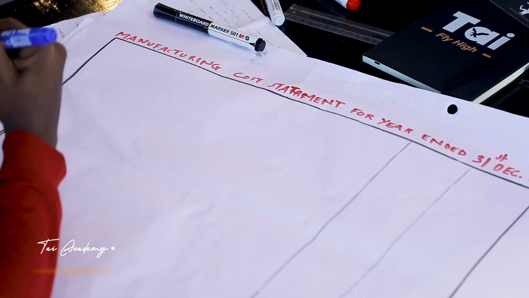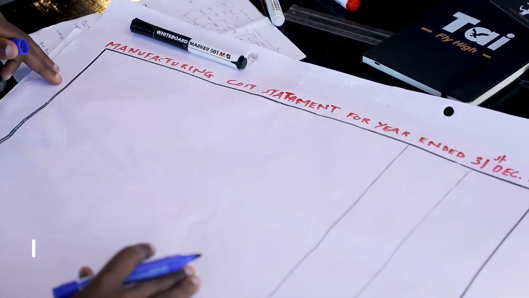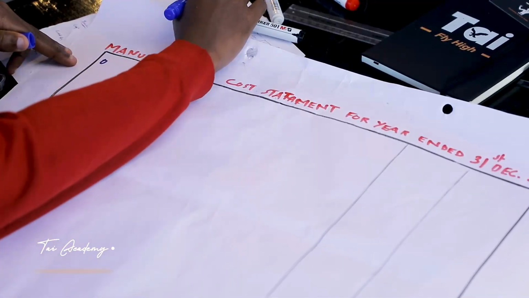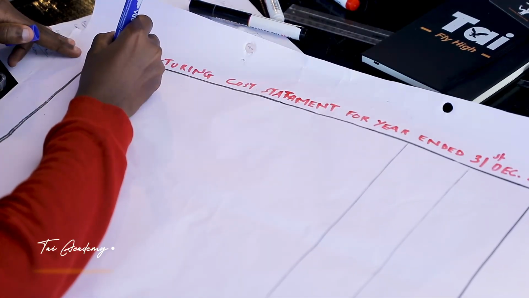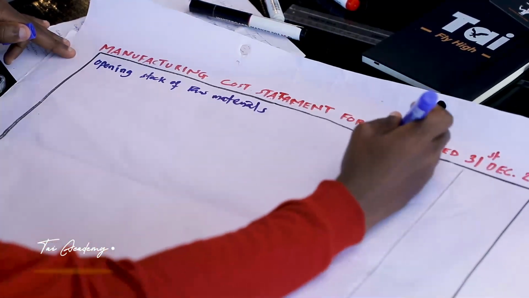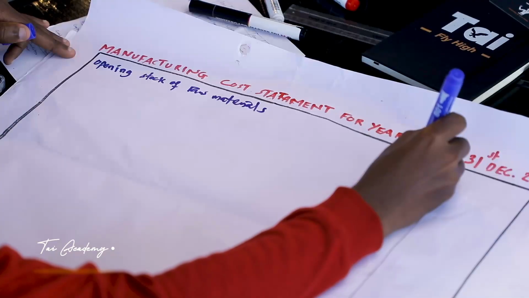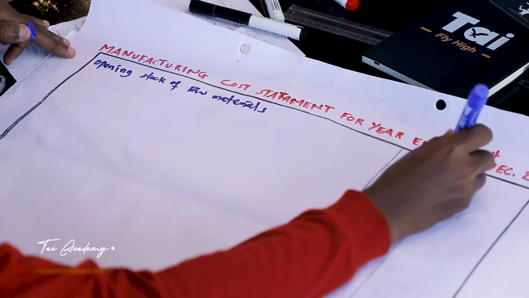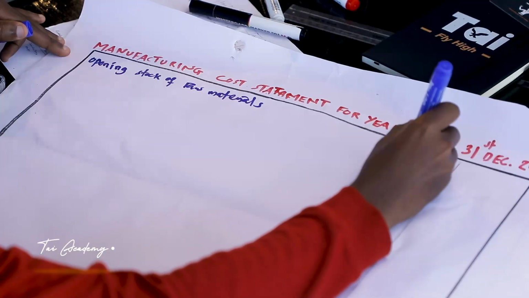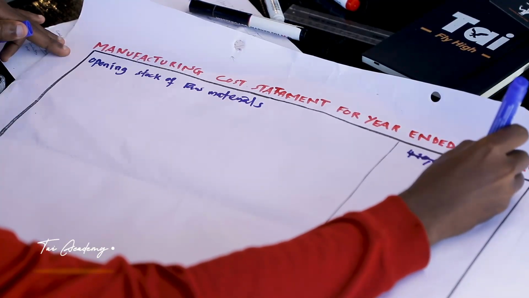So I will start by recording the materials, whereby I will start with the opening stock of raw materials, which has a cost that I write on this side.